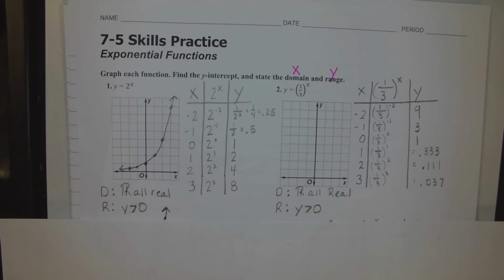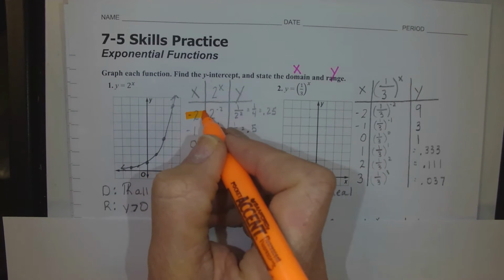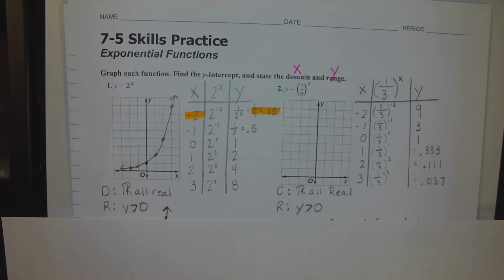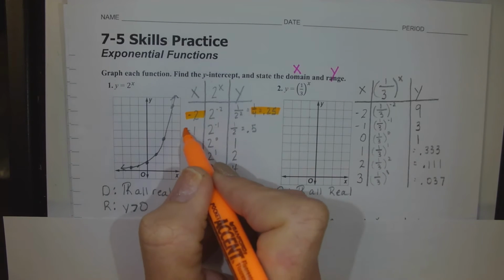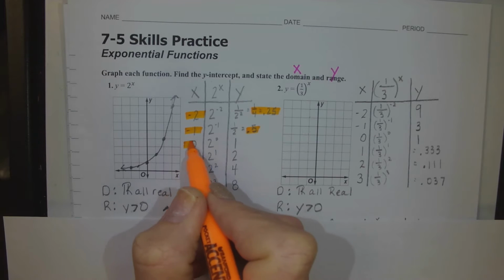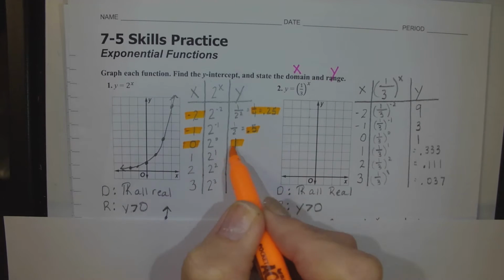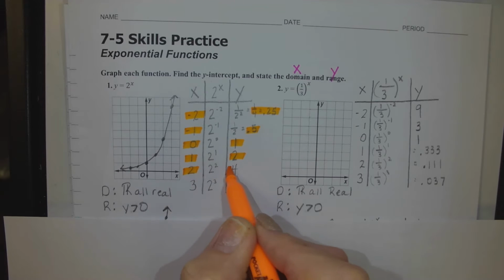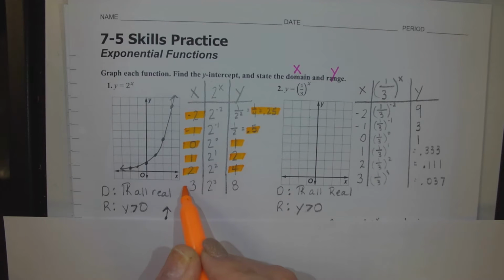So you have the points -2 and 1/4 or 0.25. -1 and 0.5. 0 and 1. 1 and 2. 2 squared we know to be 4.